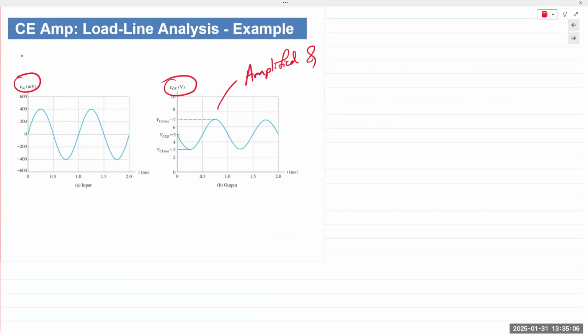Amplified and inverted, or out of phase. This variation is only 0.8 volts, whereas this variation is 4 volts. Okay, so the output is an amplified version of the input voltage.